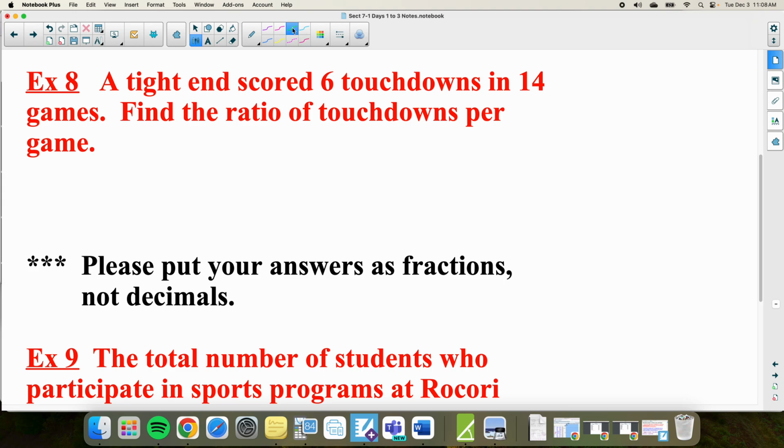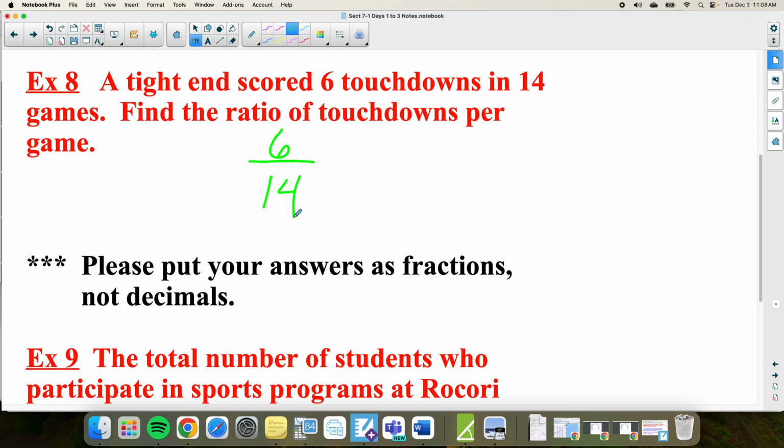So this one here says, a tight end scored 6 touchdowns in 14 games. Find the ratio of touchdowns per game. Ratio means like a fraction. When we're doing ratios, we're gonna do a fraction, and they want touchdowns on top and games on the bottom.